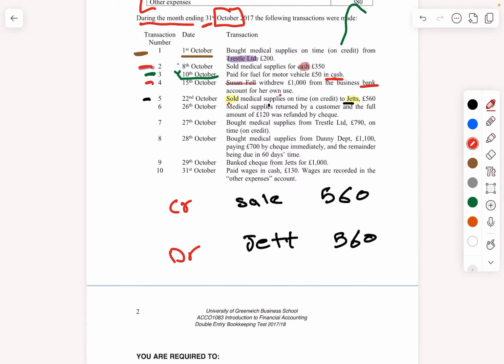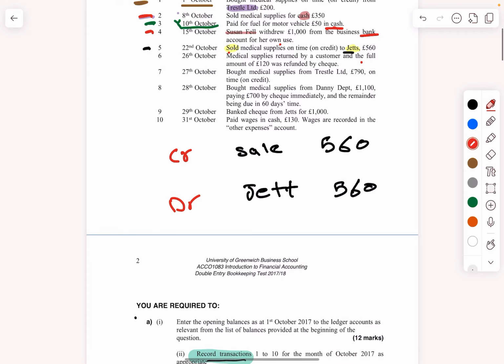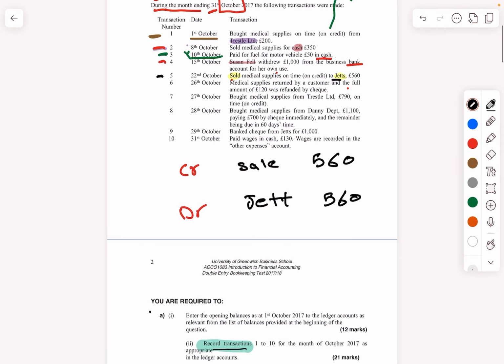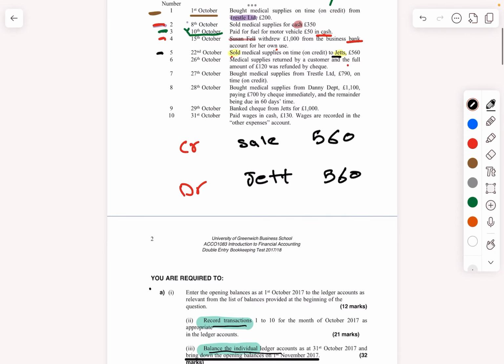But this did not end. They said medical supplies were returned by the customers and the full amount was refunded by check. Let's add the first one.